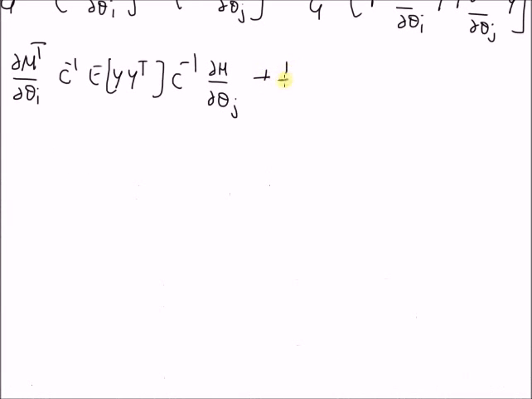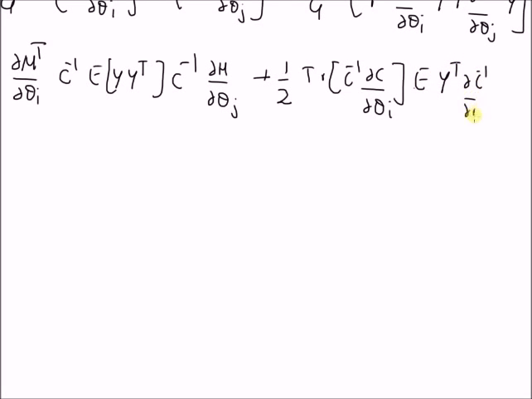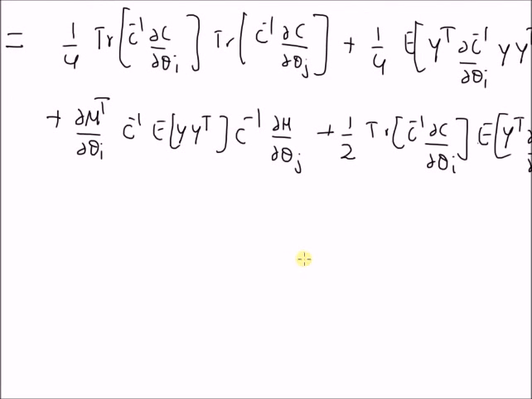It is plus 1 by 2 trace of C inverse derivative of C with respect to theta I multiplied by expectation of y transpose C inverse theta j y. So these 4 terms basically constitute the element of a Fisher information matrix.